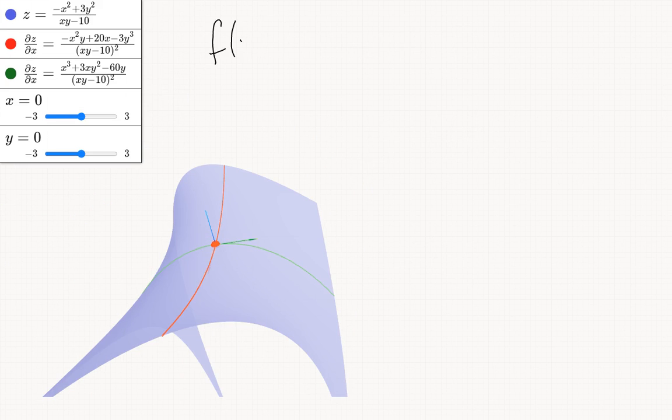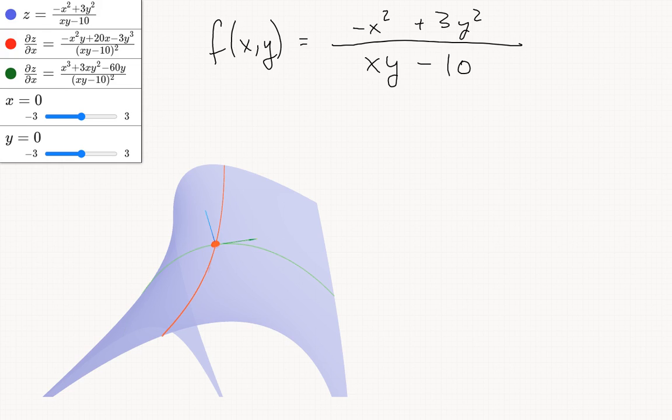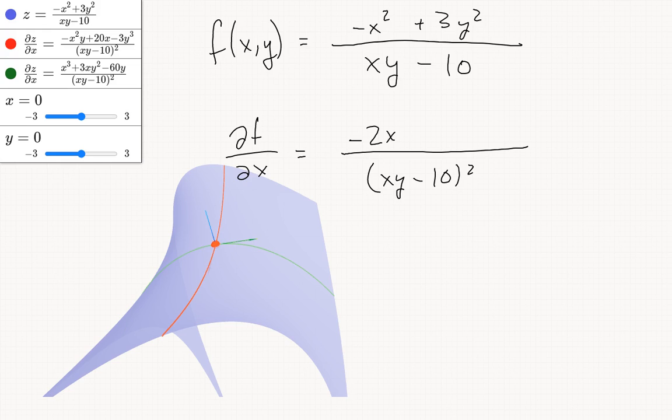Okay, now here's a slightly uglier example. So we'll do negative x squared plus 3y squared over xy minus 10. So now del f by del x, we need to use the quotient rule. This will be something over xy minus 10 squared. So derivative of the top is negative 2x with respect to x.